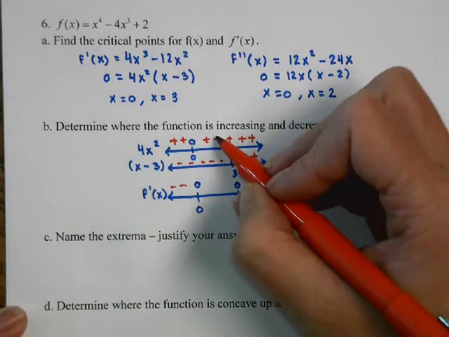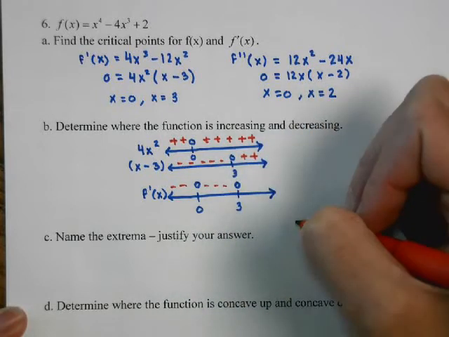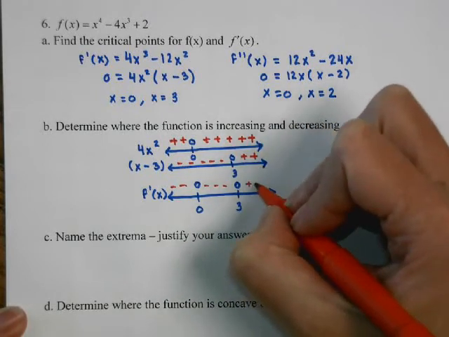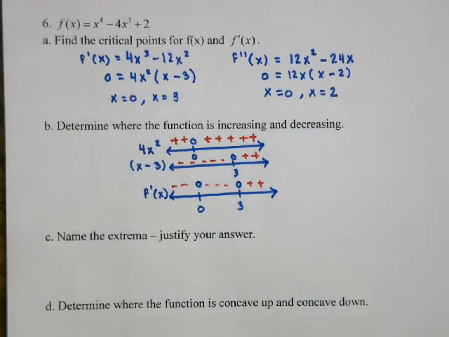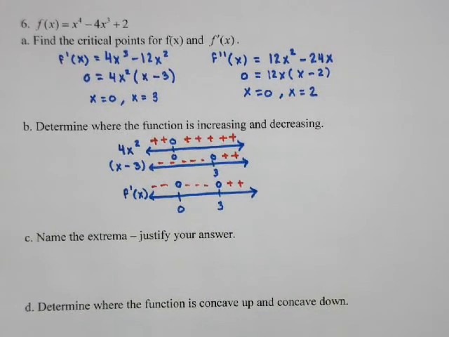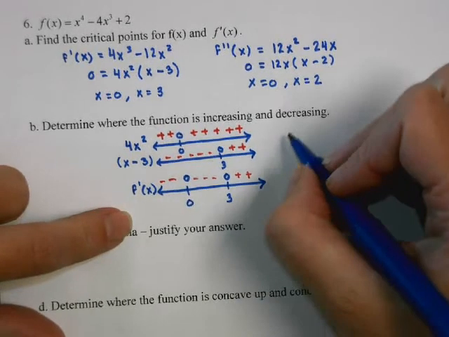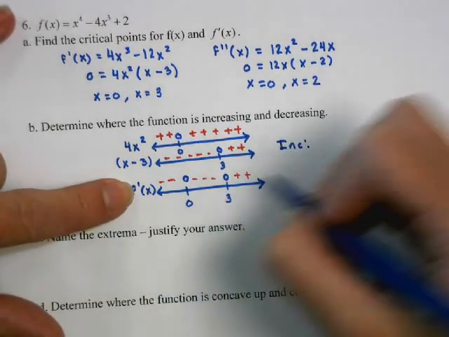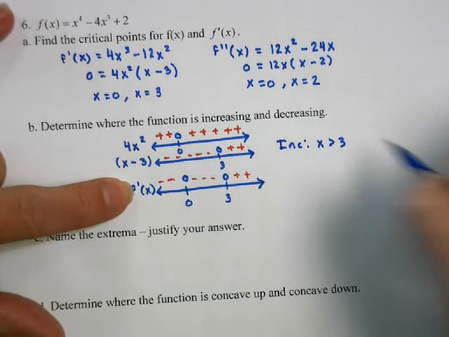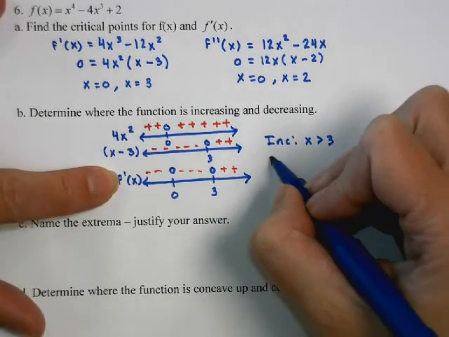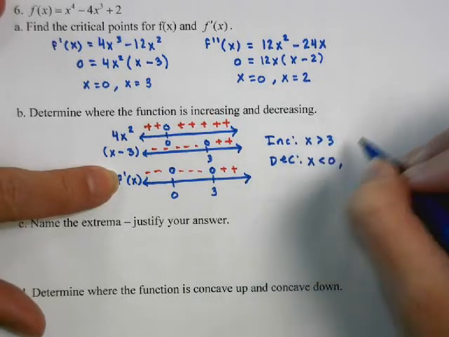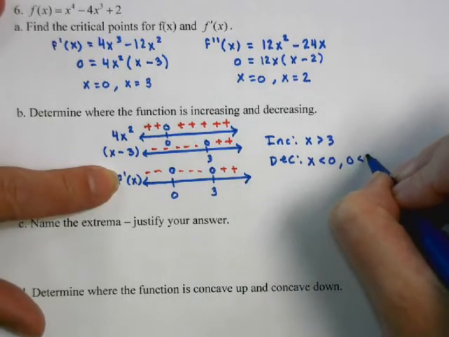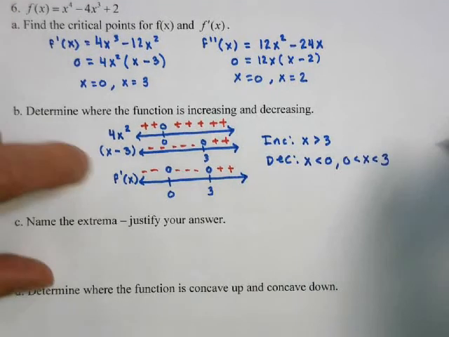Here I'm multiplying a positive times a negative, so that's a negative, and here I'm multiplying a positive times a positive, which makes this positive. So now, without ever looking at the graph, I can tell where f is increasing and decreasing. f is increasing when x is greater than 3. It is decreasing when x is less than 0 and between 0 and 3. At 0, it's doing neither.